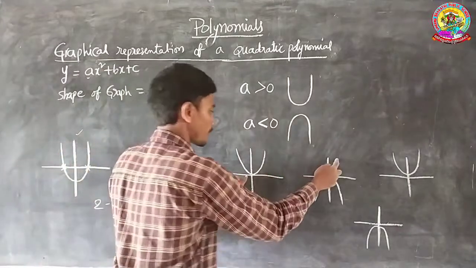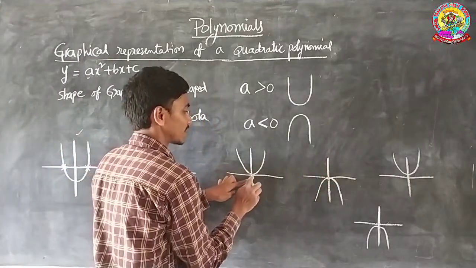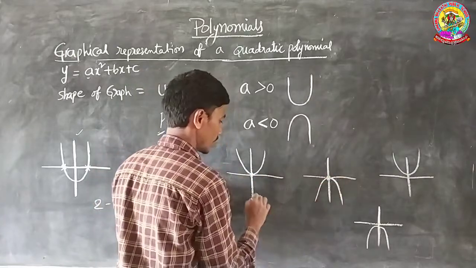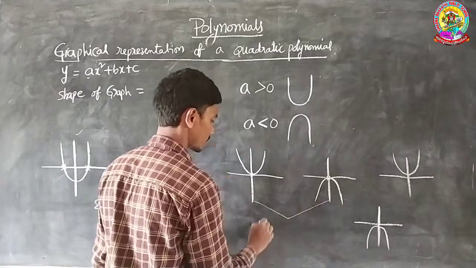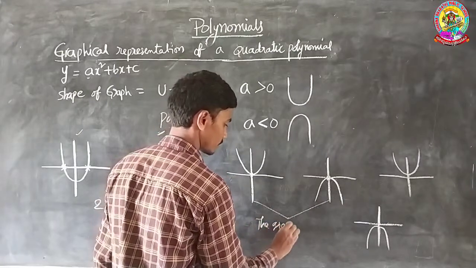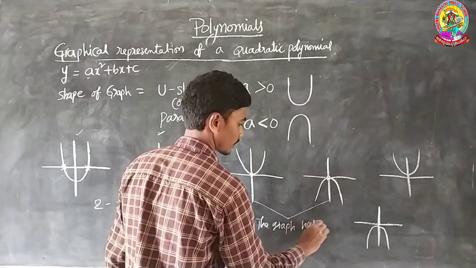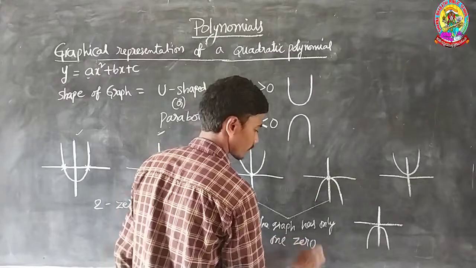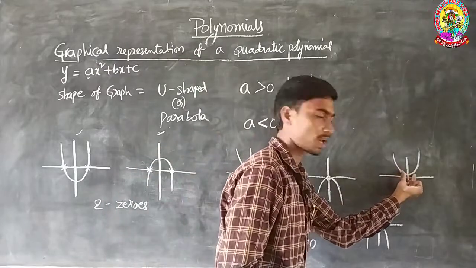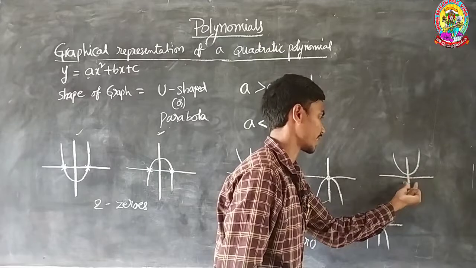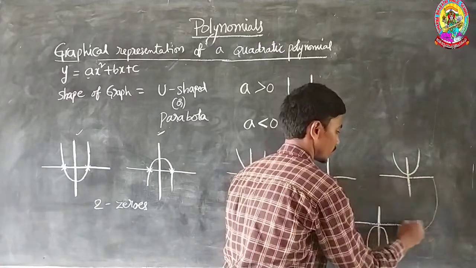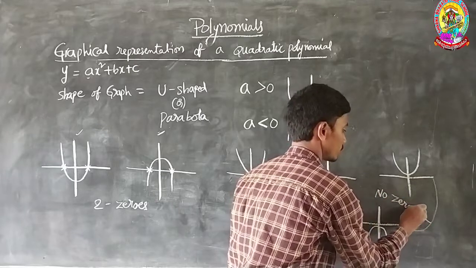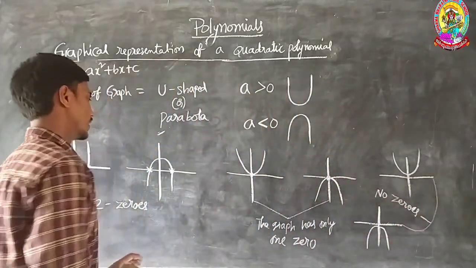From these two graphs, the parabola touches the x-axis at only one point. In this situation, the graph has only one zero. In these two graphs, the parabola doesn't intersect the x-axis. So in these two cases, no zeros. Clear with that?